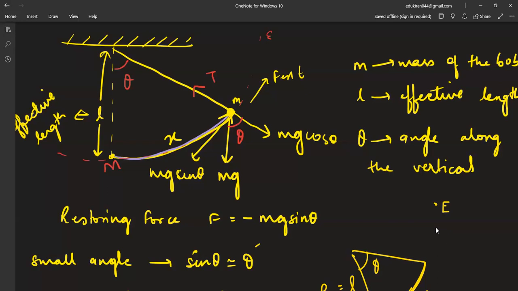Ma'am, so this is the derivation for the formula of time period. Yes, derivation for the formula of time period. You will get the question, prove that the pendulum is an SHM. So how will you prove? Until the equation F is equal to minus kx is proven. Okay, ma'am.